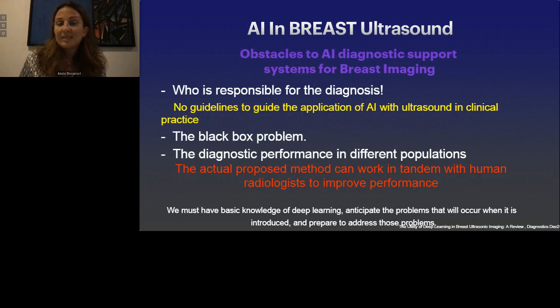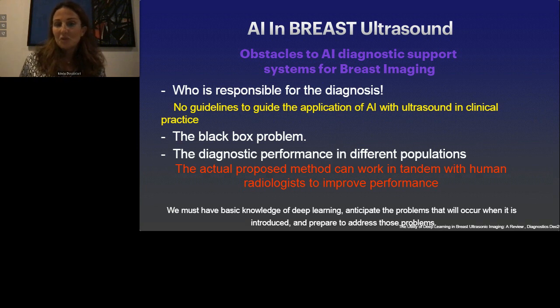We have to address some obstacles, for example, who's responsible for the diagnosis? I cannot follow it all the time, but I have to admit that sometimes it's surprisingly right. For example, once I had a cluster of cysts, and Kios gave me malignant. I was not going to biopsy it, and I didn't even save it into the PACS.